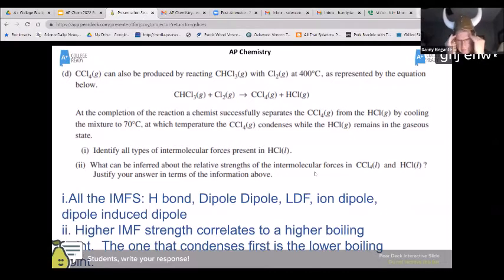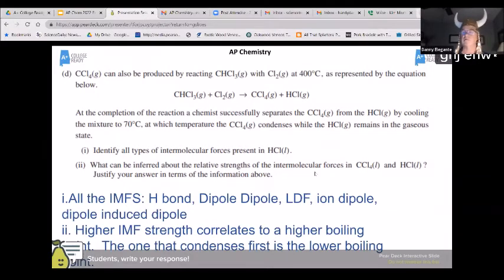So H bonds are a hydrogen stuck to F, O, or N that's attracted to F, O, or N on another molecule. And that's a hydrogen bond. Dipole-dipole just means a polar molecule attracted to another polar molecule. LDFs are for anything that has electrons. So if you have electrons, you have LDFs.